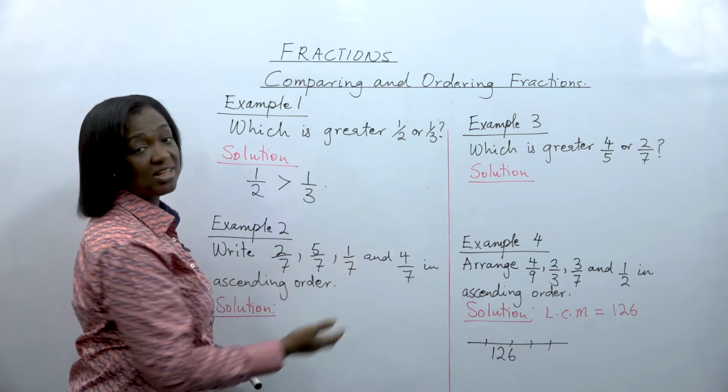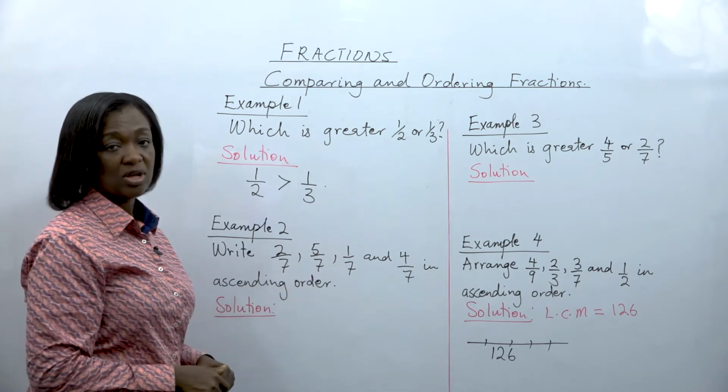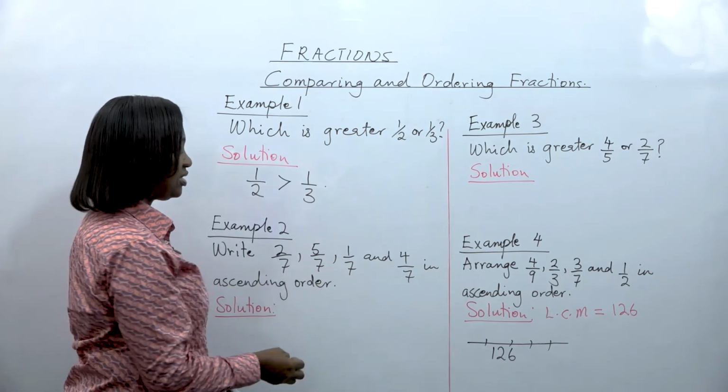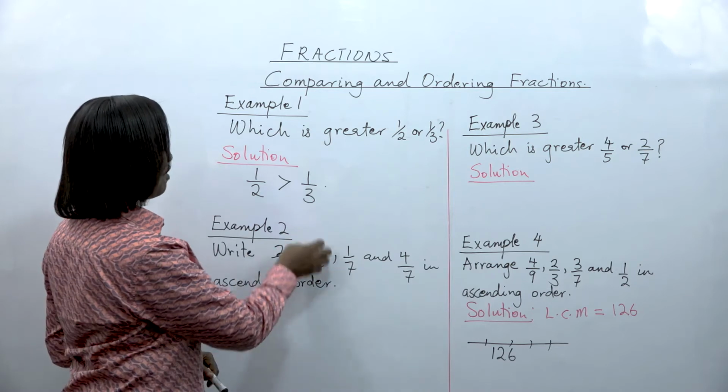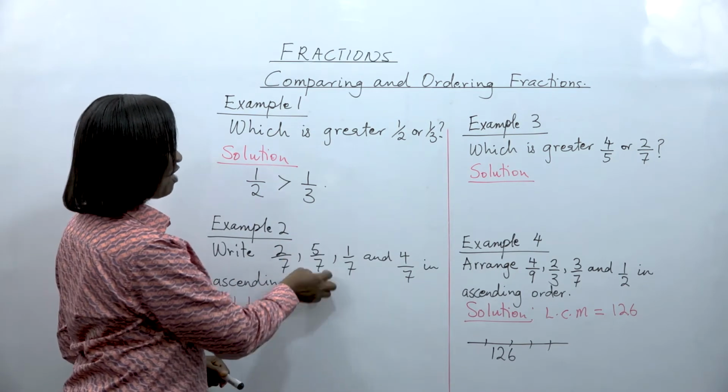In the second example, write 2/7, 5/7, 1/7, and 4/7 in ascending order. The denominators are the same, as you can see. It has been cut into 7 parts. So somebody who gets 1 part and somebody who gets 5 parts out of 7, definitely 5 parts is more.